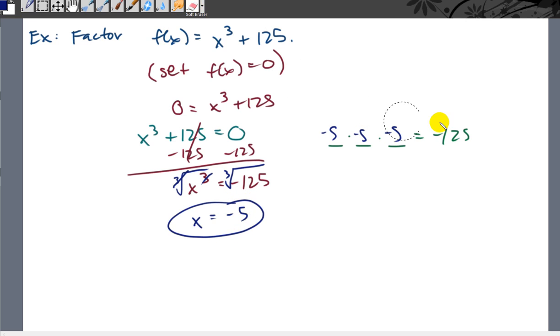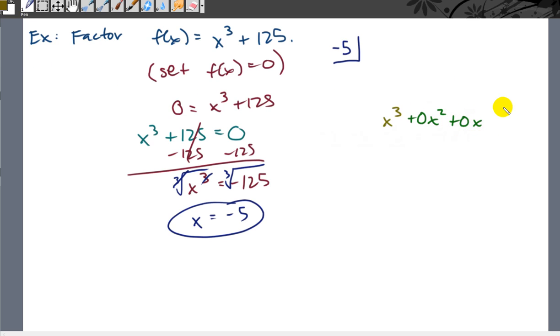Okay, as we use synthetic division for this, we can use this value and put it in the corner. So we have negative 5, and then we take x cubed plus 0x squared plus 0x, and then we're going to add 125.